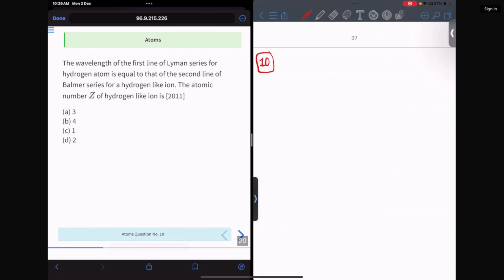Question number 10 says the wavelength of the first line of the Lyman series for the hydrogen atom, the wavelength of the first line of the Lyman series. Lyman means the shell is 1, and the first line means transition from n equal to 2.